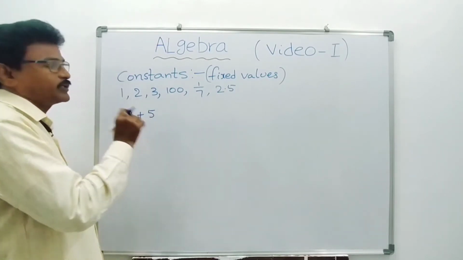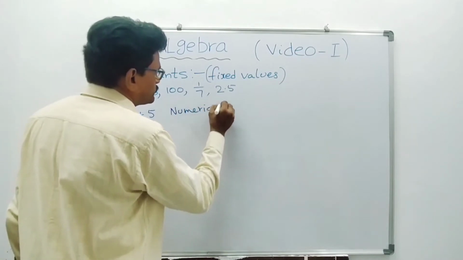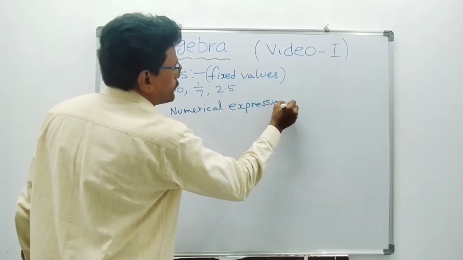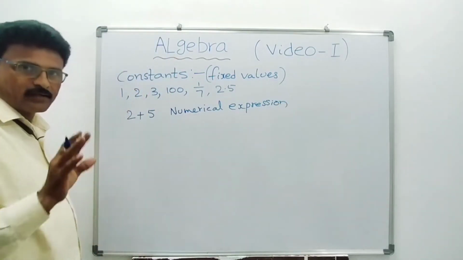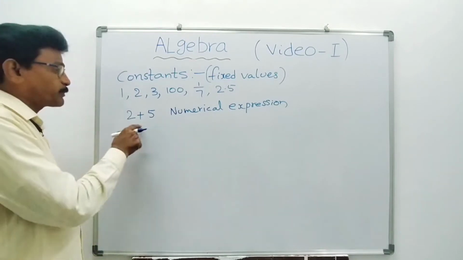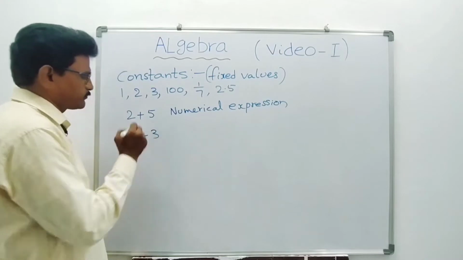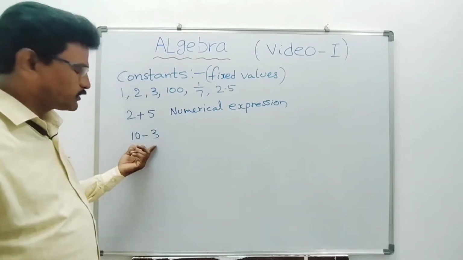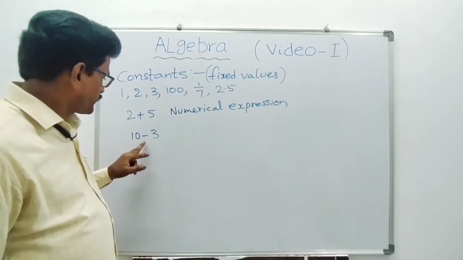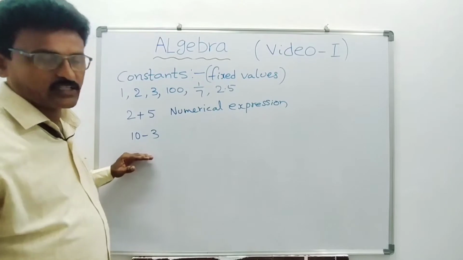That's why it is said to be a numerical expression. In a numerical expression, we use only numbers. Here two terms are there, separated by a plus symbol. Suppose I write 10 minus 3. Here also we are using two numbers and two terms differentiated by a minus symbol. This is said to be a numerical expression.